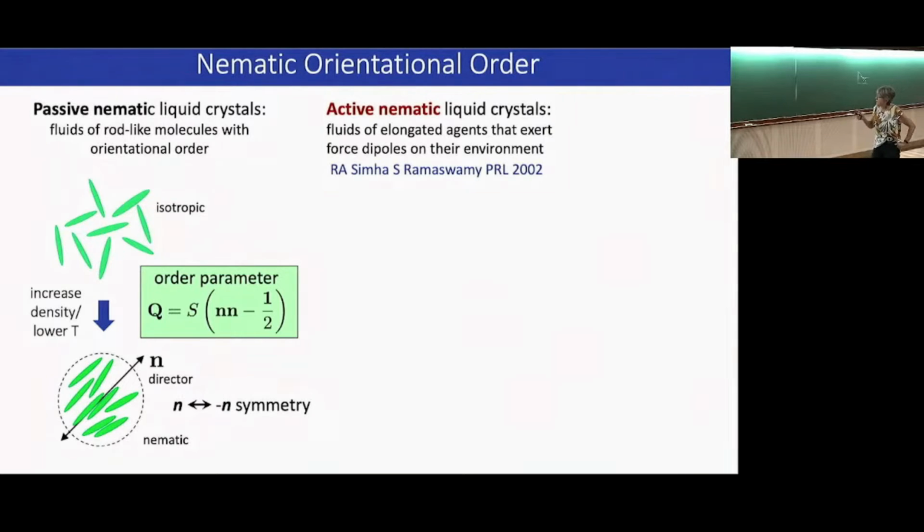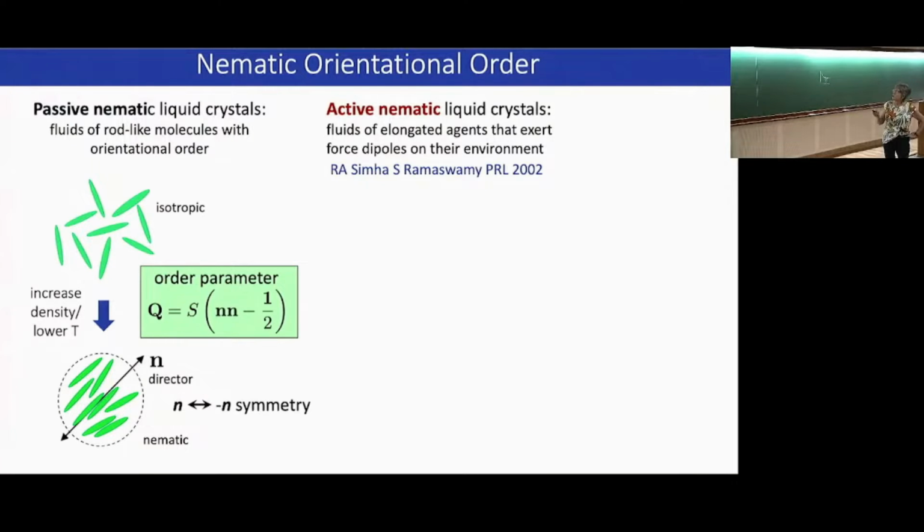Active liquid crystals, or active nematic liquid crystals specifically, are fluids of elongated agents that exert force dipoles on their environment. As we were reminded by Zvonimir and others earlier in the week, it was shown by Sriram and Aditi Simha back in 2002 that such active nematics are intrinsically unstable, at least in bulk.